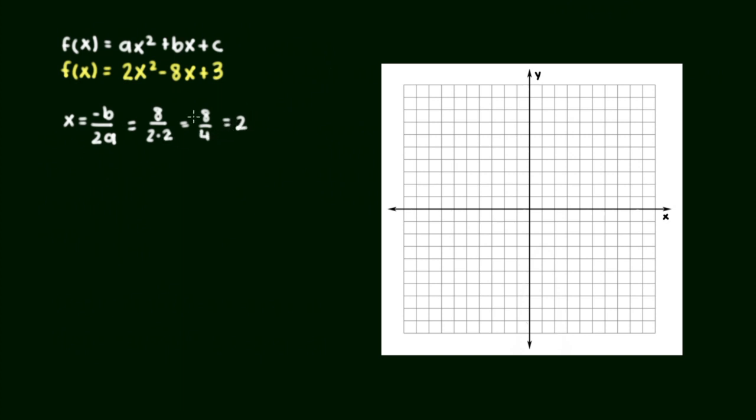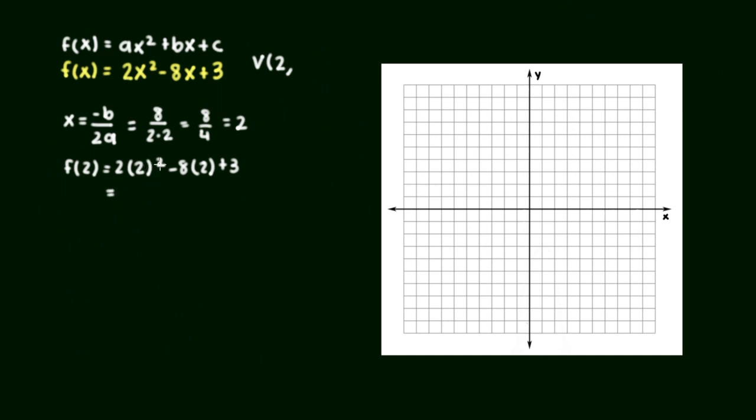And to get our vertex, we have our x value, but we can plug in this 2 into our original equation right here to get our y value. So we get f of 2 is equal to 2 times 2 squared minus 8 times 2 plus 3.